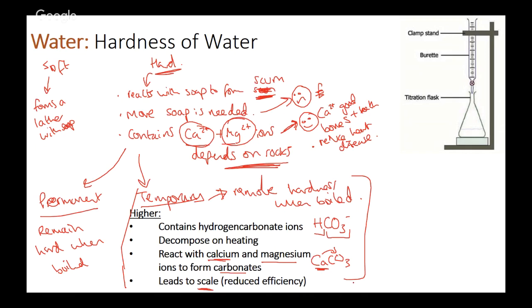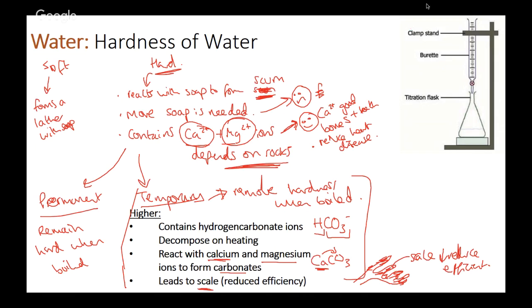So if you have your heating element in the bottom of the kettle, it will end up getting covered in limescale, and that will reduce the efficiency and reduce the amount of energy transferred to the water. So it will take longer to boil your kettle because the energy transfer is reduced.